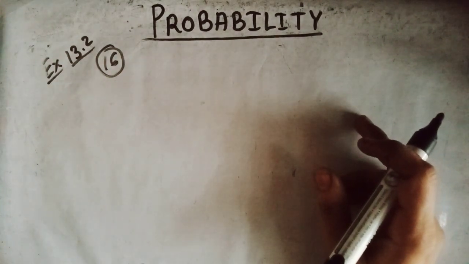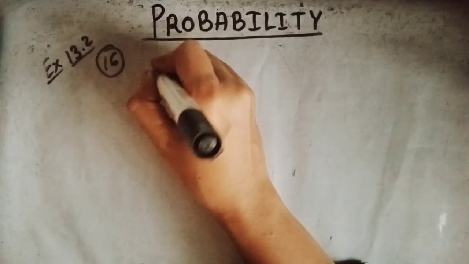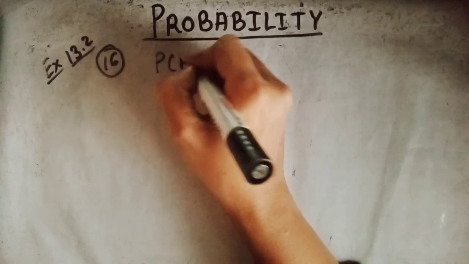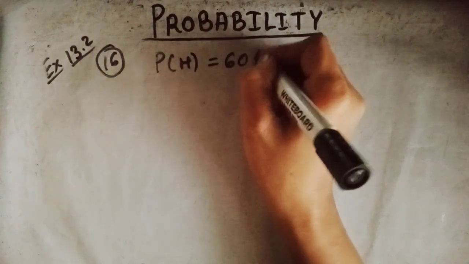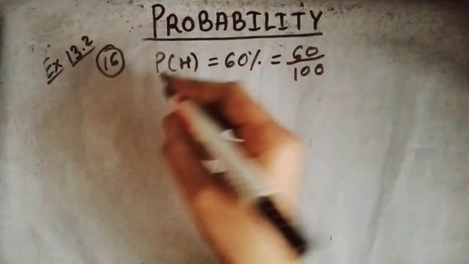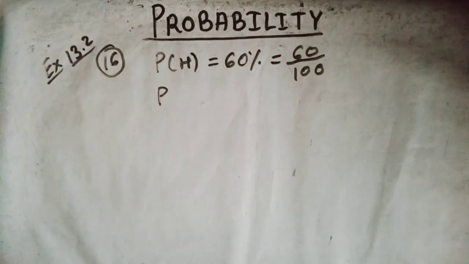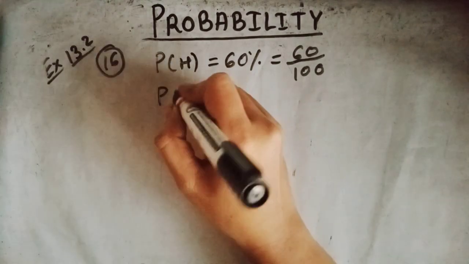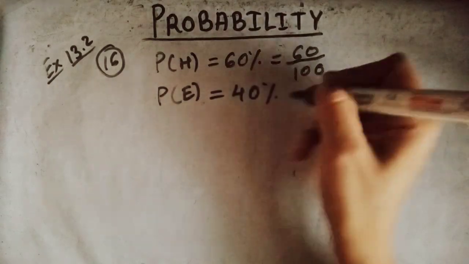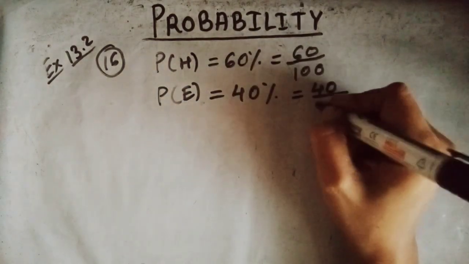Okay, in a hostel 60% of the students read Hindi newspaper. So probability of reading Hindi is 60 by 100. Then we have 40% read English newspaper, so 40 by 100.